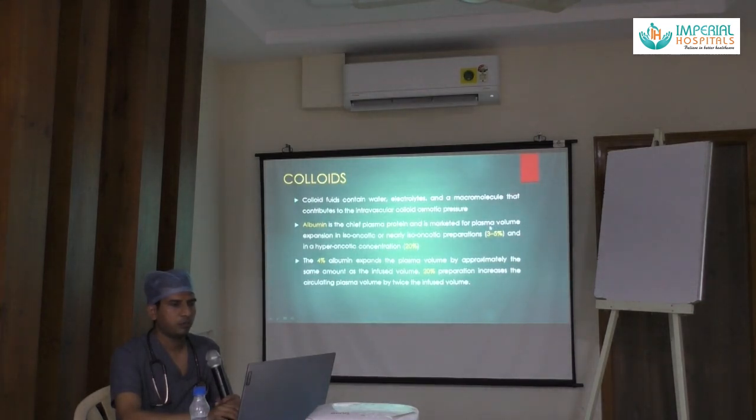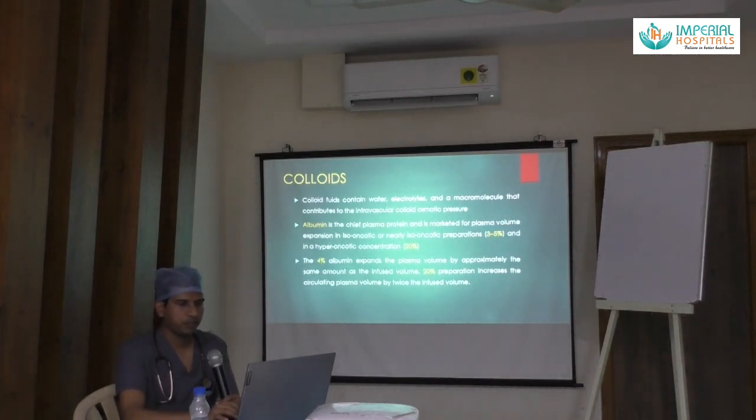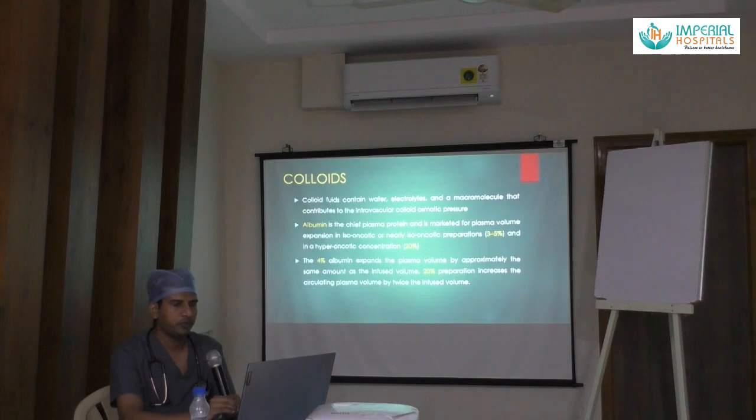Isooncotic is around 4 to 5%, whereas hyperoncotic is 20%. When we give isooncotic albumin, 4% albumin, 100 ml, it replaces the 100 ml in the intravascular space. When we give 20%, the circulating plasma volume increases more than twice the infused volume.